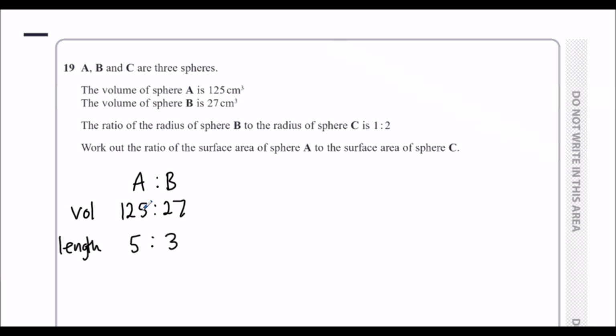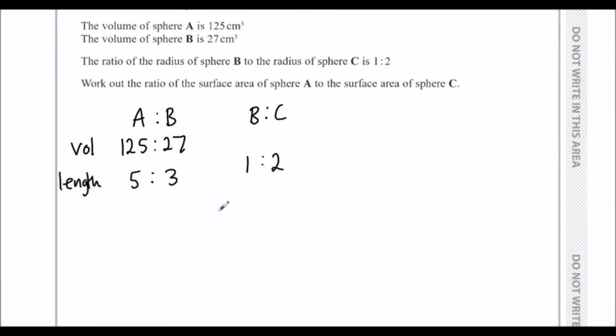So scale factor for volume is scale factor cubed. So to go from volume to length, cube root. So we know the scale factor for length of B to C. The radius is a length, and that's 1 to 2. So if I want a ratio to join these together, I need to make the B's the same.